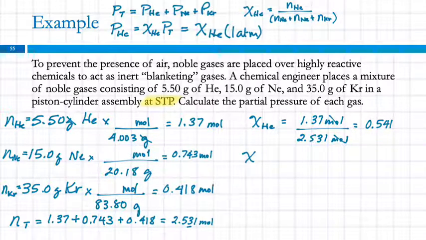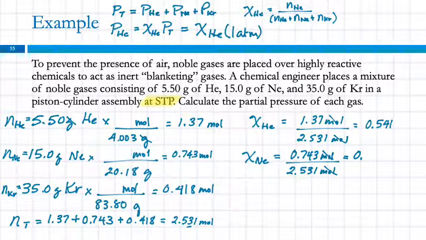I can calculate the mole fraction for the neon in a similar way. Here it's the moles of neon divided by the total number of moles. Moles cancel out again. This is very much like calculating a percentage, but we're using numbers of moles instead of masses or volumes or something.